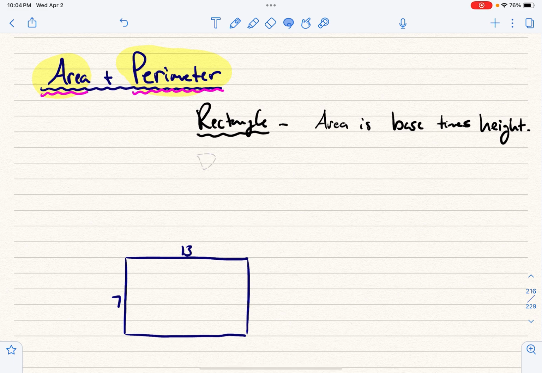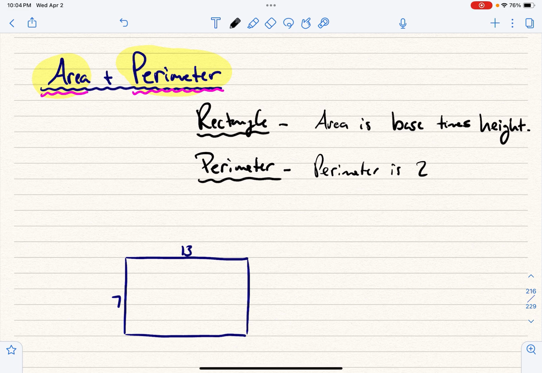And then perimeter is that length all the way around. To find the perimeter, it's two lengths, or two bases plus two heights. And that would be the perimeter.